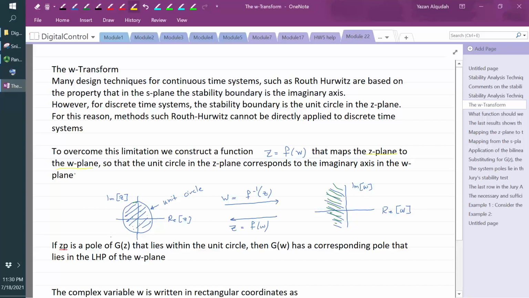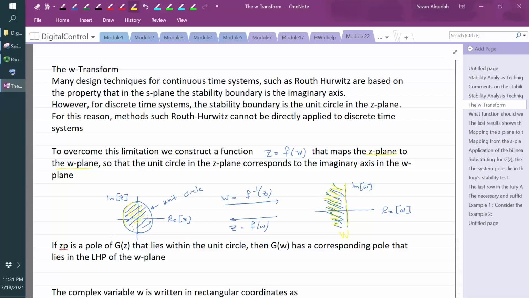This is not omega, this is W. This transformation is going to take everything that is inside the unit circle and map it to the left half of the W plane. Anything outside the unit circle is going to map to the right half plane. The unit circle itself is going to be the imaginary axis.